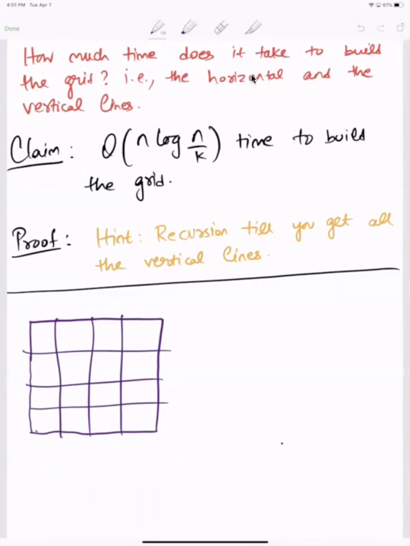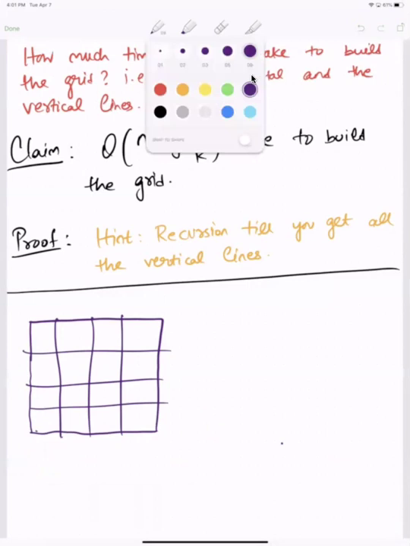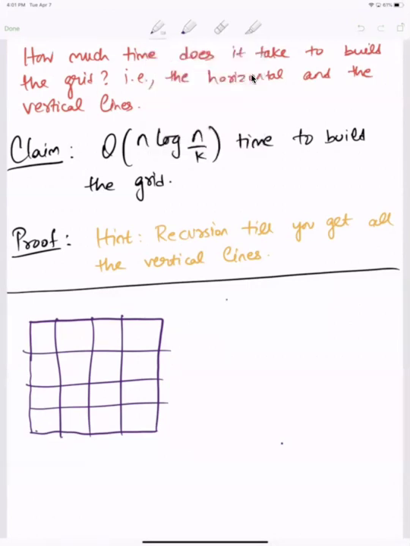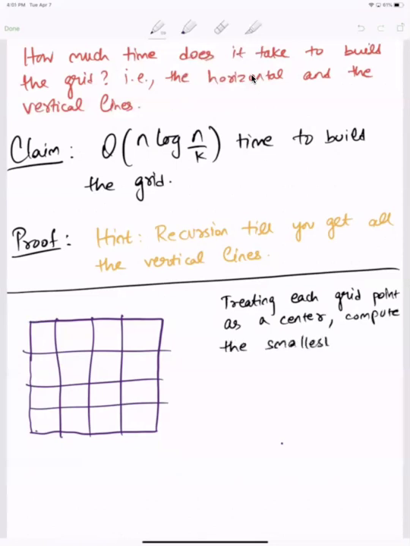The next step is you look at every grid point, treating each grid point as a center, and compute the smallest disk containing k points.